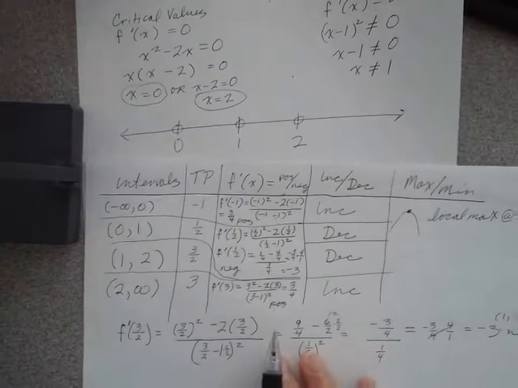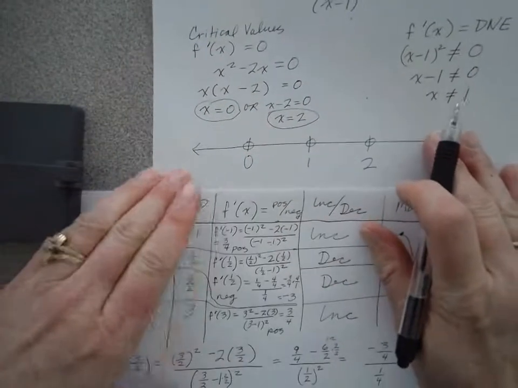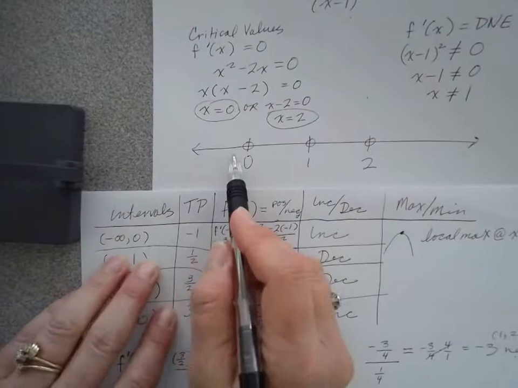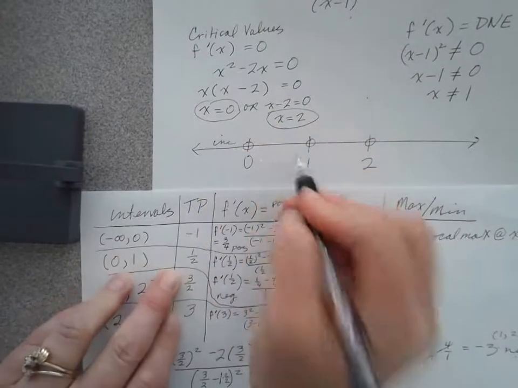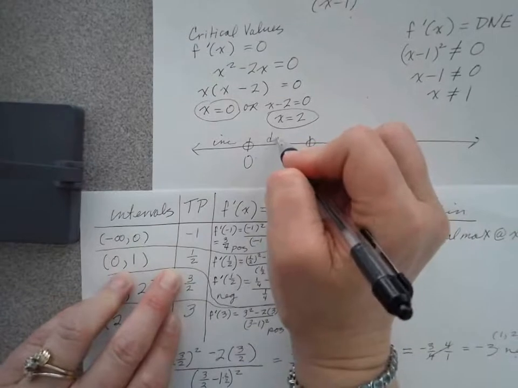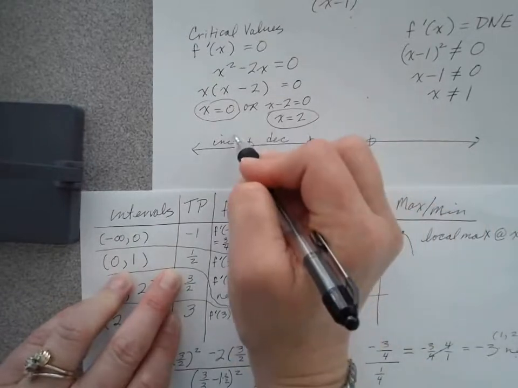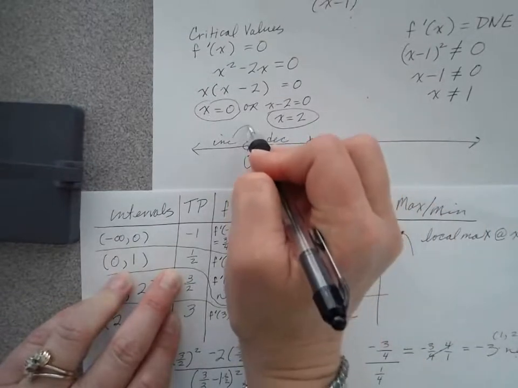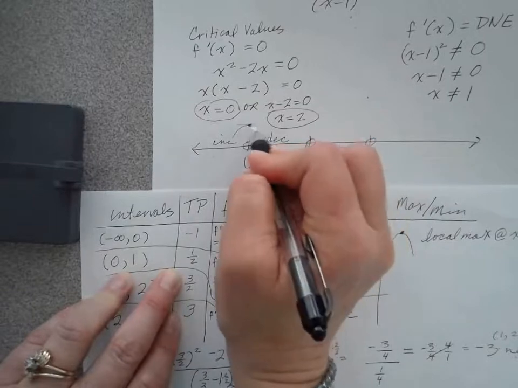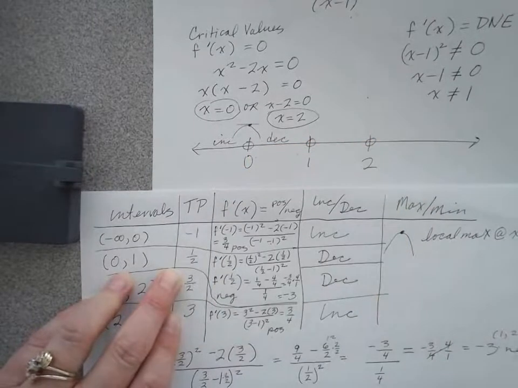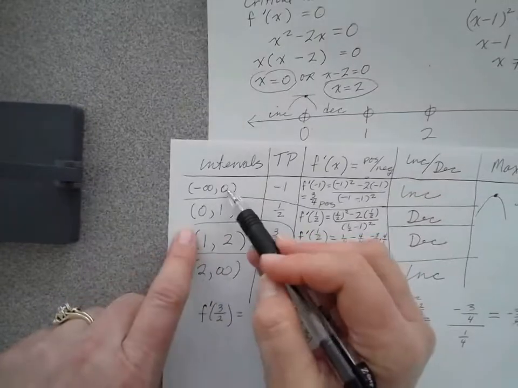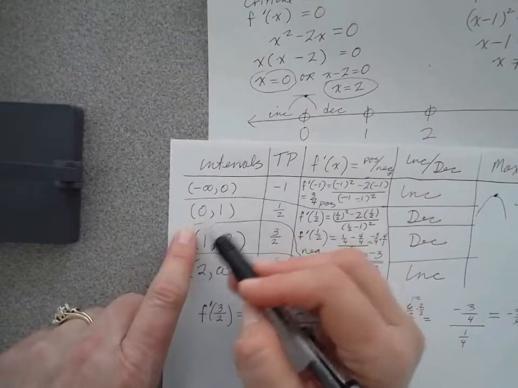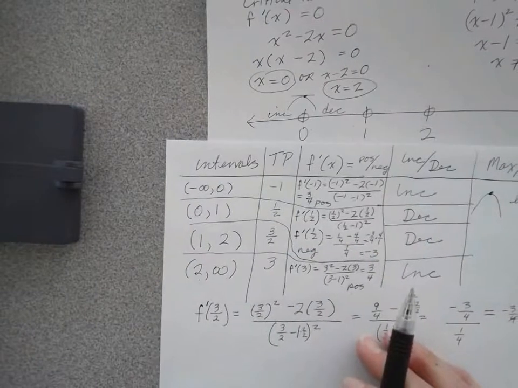Look at your interval. From negative infinity to 0 it is increasing, then from 0 to 1, it's decreasing. Okay, so increasing to decreasing, right there at x equals 0, there's a local max. Okay, so it's the x value that's on the ends of either one of the intervals.